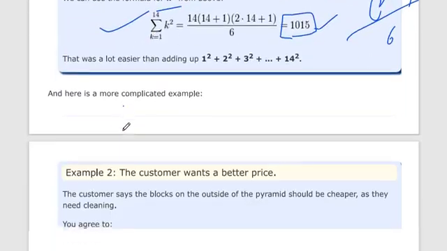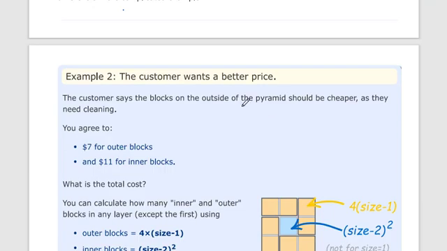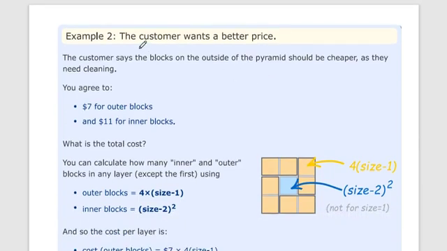This is an easy example with an easy formula. Now let's see a more complicated example. The customer also wants a better price. The customer says the blocks on the outside of the pyramid should be cheaper as they need cleaning. Here you can see this is the first layer, sorry, this is the second layer, and these are all outer side.